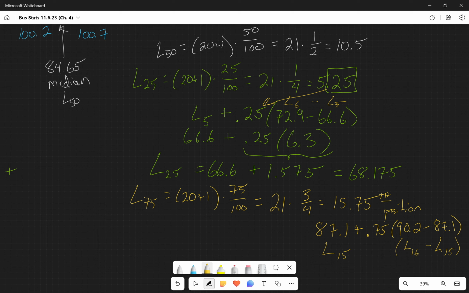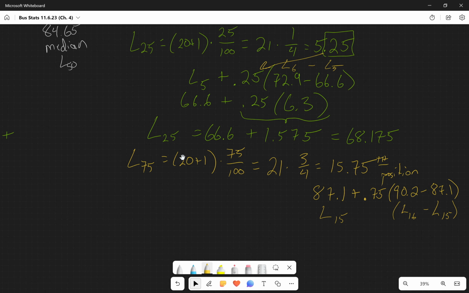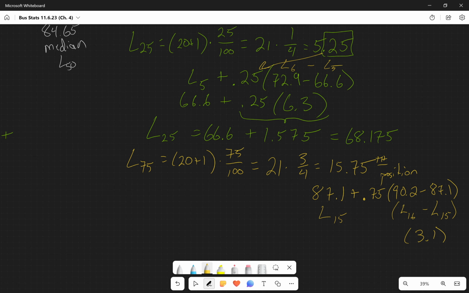So 90.2 minus 87.1 is going to give us 3.1 in the parentheses. We're going to multiply that by 0.75 in order to get 2.325.